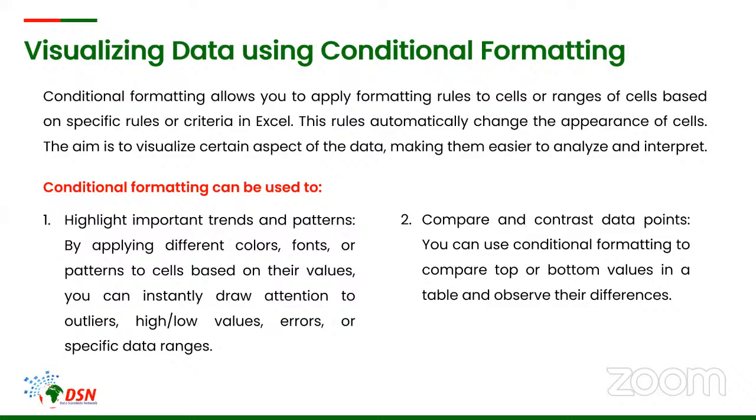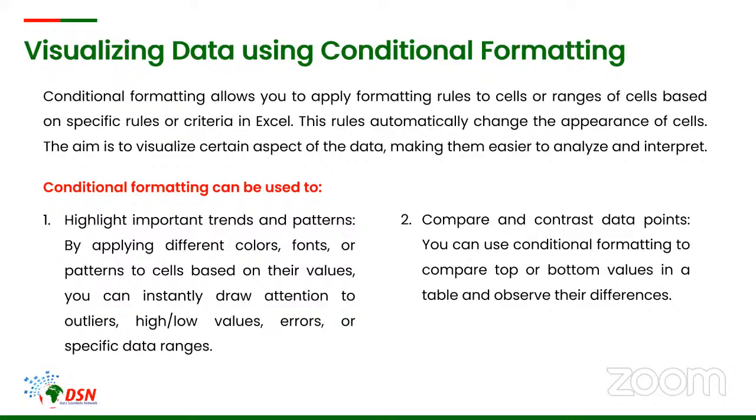Then if we see it repeatedly across the 10 years, it means that every August there is always extreme rainfall. That is like highlighting a pattern, and conditional formatting can help us to do this.